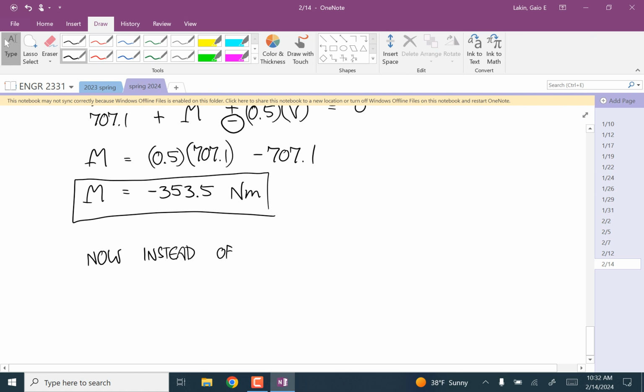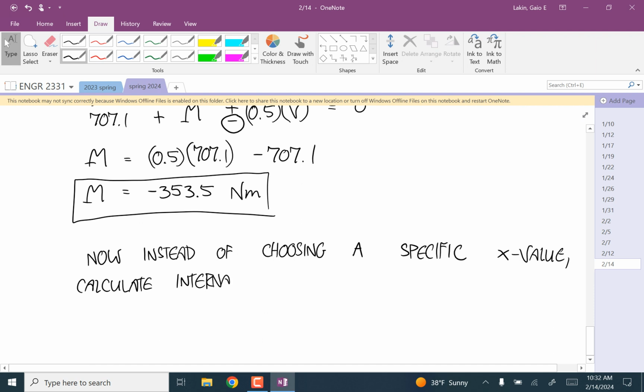So now instead of choosing a specific x value, we want to calculate the internal loads as a function of x.